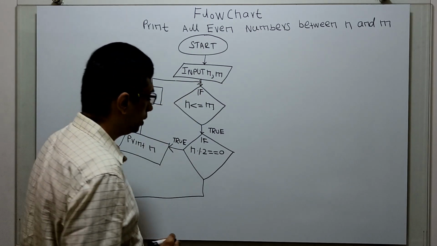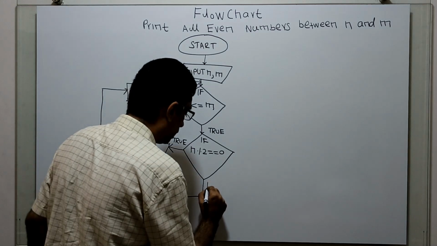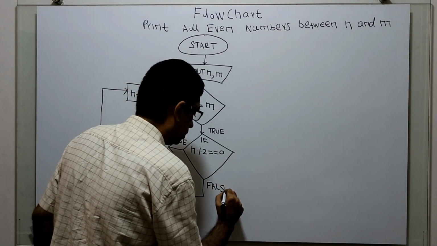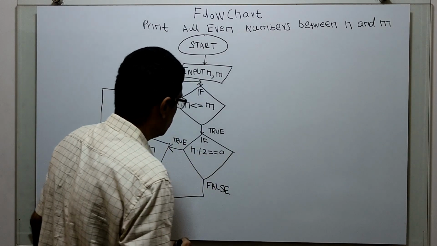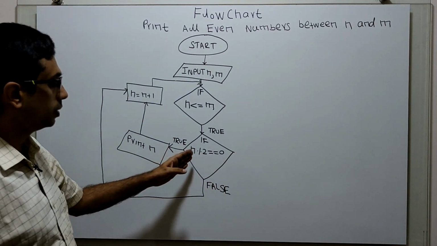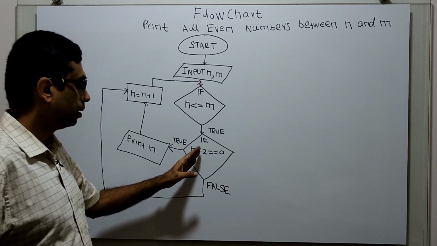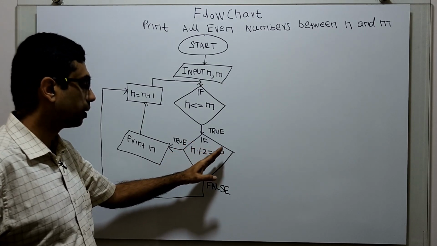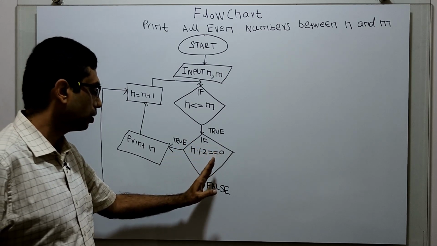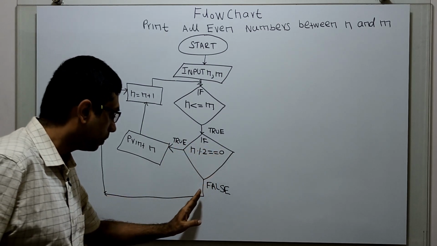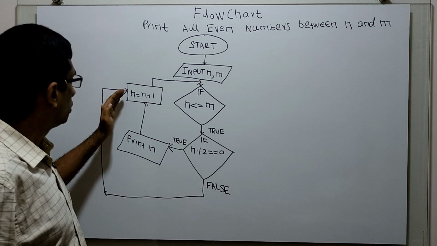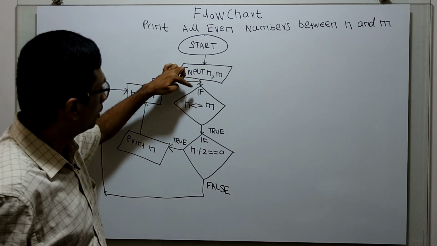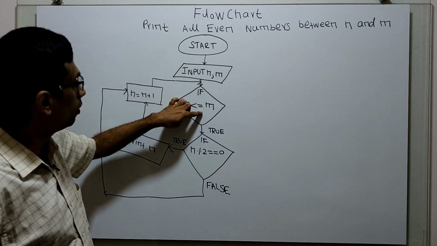N modulo 2 equal to 0 is false. So in this case, when you divide n by 2, the remainder is not 0. That means that is not an even number, that is an odd number. So I am not printing the number, I am directly connecting to the increment n equal to n plus 1, and it will be connected back to the decision statement n less than or equal to m.